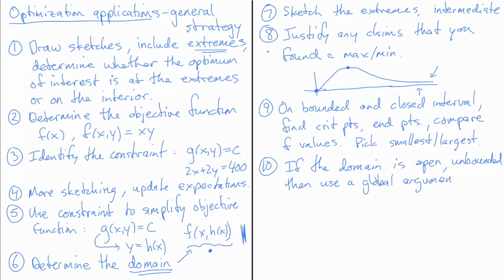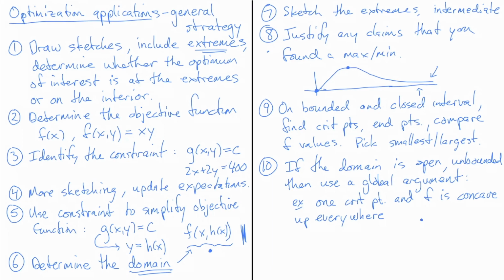By that I mean, so you found one critical point. So for example, one critical point, and the function is concave up everywhere.